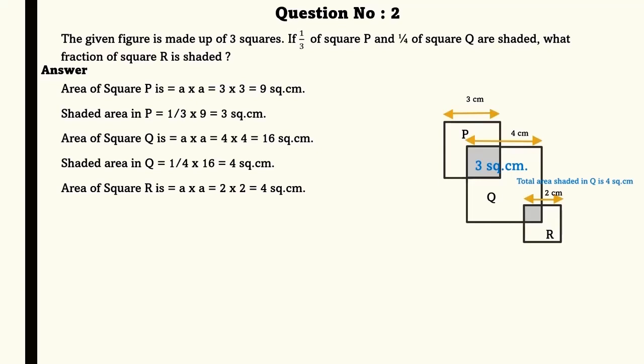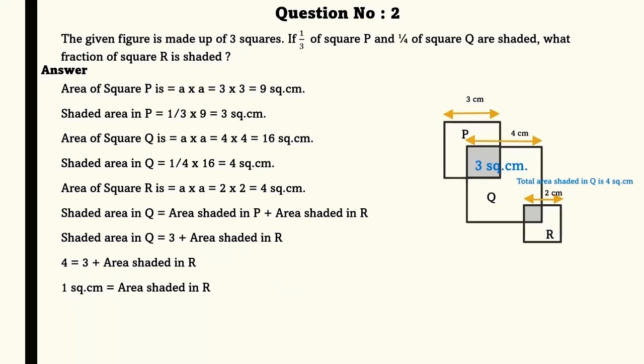Now, in order to find the shaded area of square R, we have to first find the area of square R. Finding it, we will get 4 square centimeter. And then, shaded area in Q is equal to area shaded in P plus area shaded in R. The shaded part of Q is 4 and shaded part of P is 3.